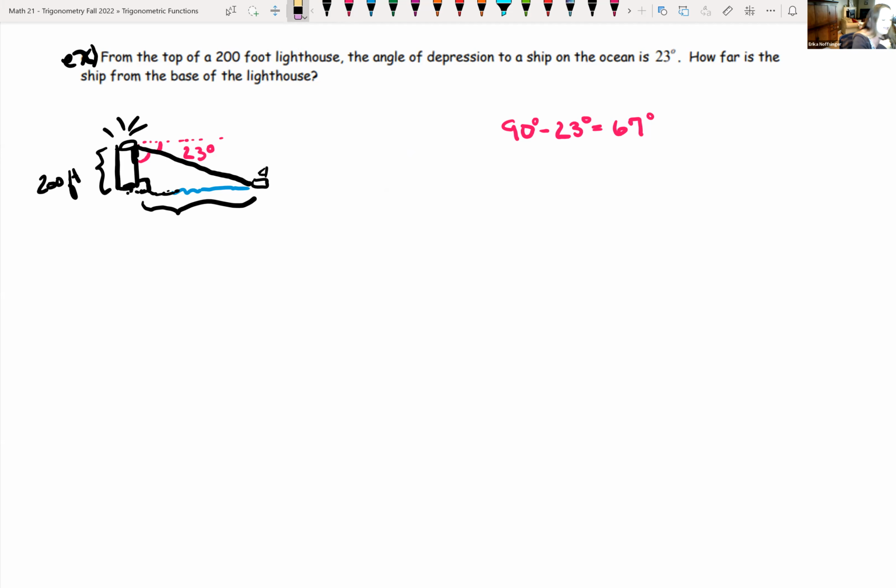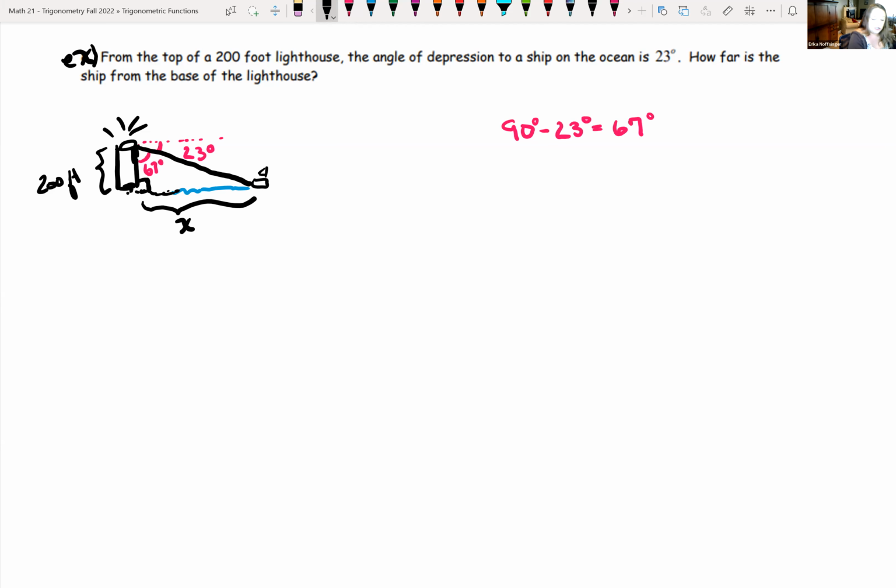Okay, so we know that that is 67 degrees, and we know that the adjacent side of this 67 degrees angle is 200 feet, and we want to know what the opposite side is, which is called x.